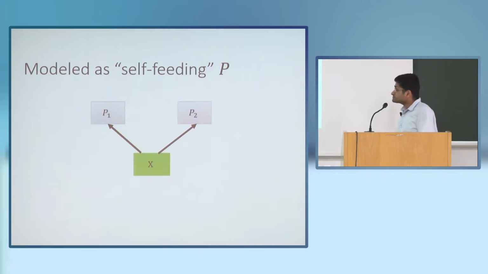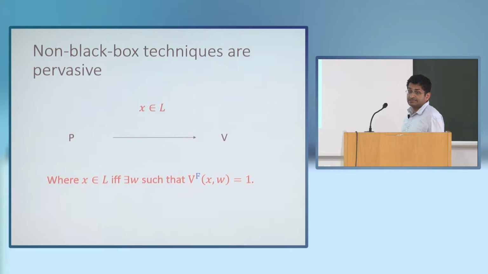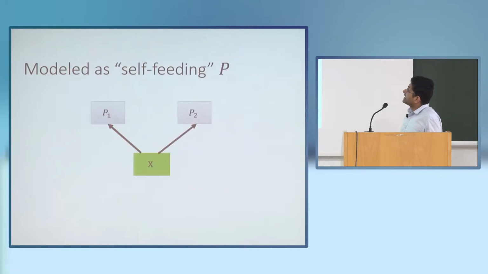Okay, so this raises the question of how do we model these non-black box techniques? And the idea here is that you could think of a primitive P, which comes with subroutines, like an encryption algorithm has keygen, enc, and dec.